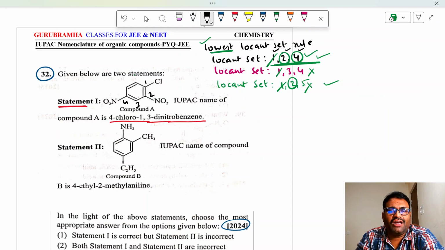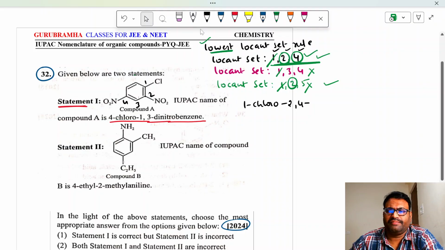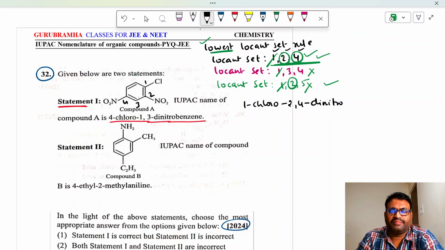Then, as all are substituents, write the names of those substituents. Chloro, nitro. C comes first. So I write it as 1-chloro-2,4-dinitrobenzene.